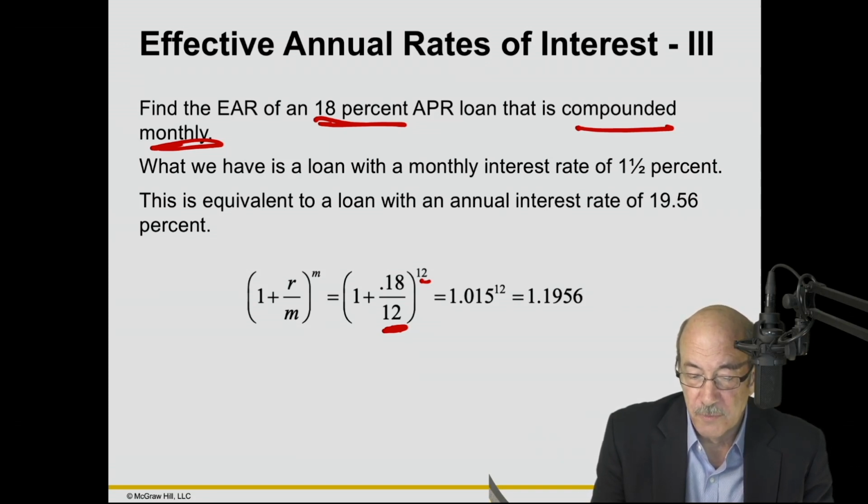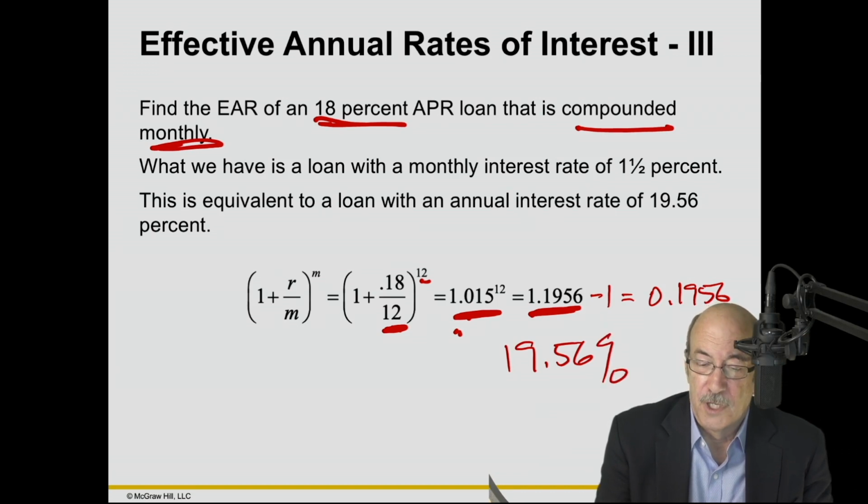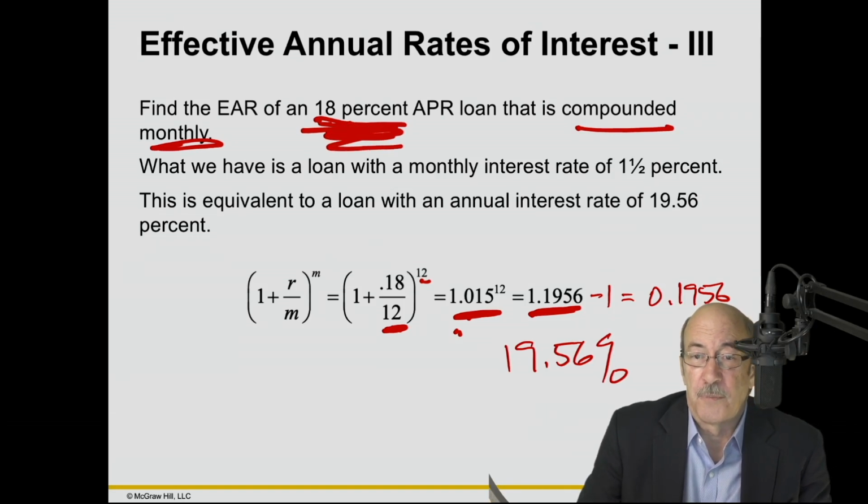So our exponent becomes 12, and we end up with 1.015, that's 1.5% every month, raised to the 12th power, which gives us 1.1956. We need to subtract the 1 off of that to get 0.1956, or 19.56%, which is over 1.5% higher than that nominal stated rate that we started with.